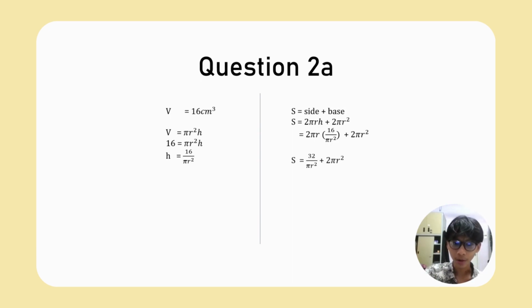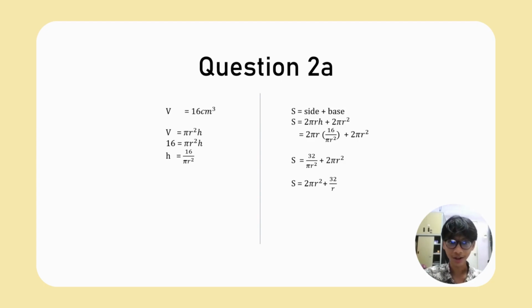Then we expand it, so S equals 32 over πr² plus 2πr². Now we just change the position of it so it will be the same as the question. So S equals 2πr² plus 32 over r.